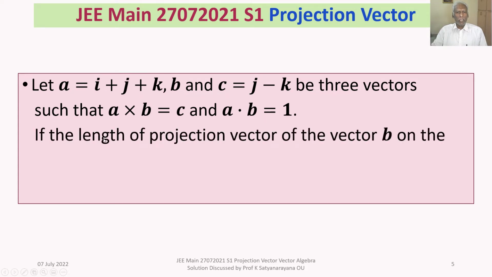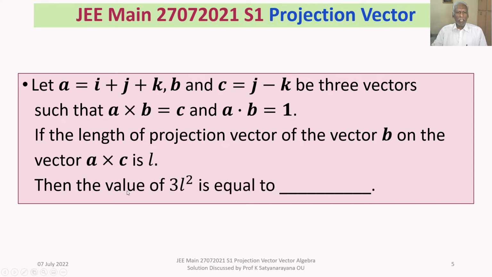If the length of the projection vector of the vector B on the vector A cross C is L, then the value of 3L square is equal to.